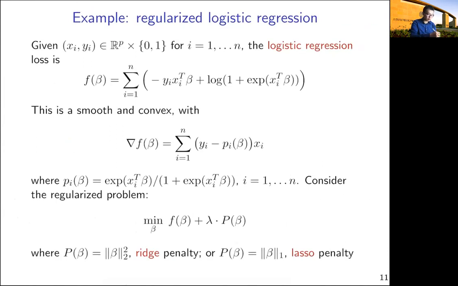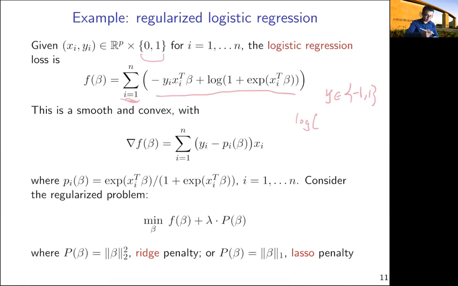The standard logistic regression has a loss function in summation form, and we're summing over the n data points that we have. In each data point, we can write the logistic loss, when y is chosen to be -1, 1, in this form. There are various different forms of the logistic loss. When y is in -1, 1, there's a different version that might be more familiar to many of you.